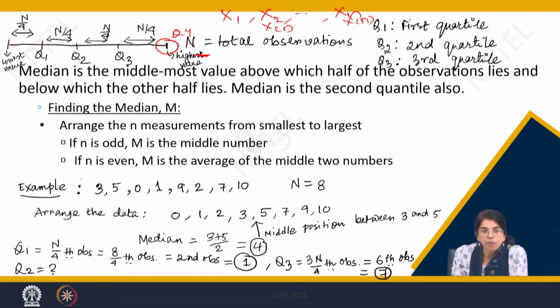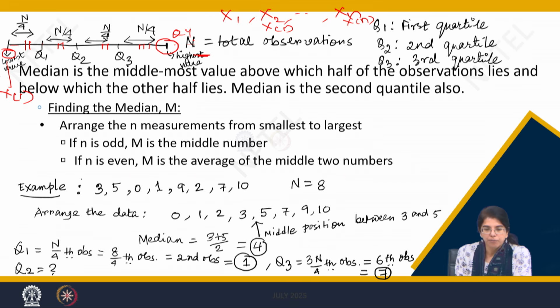So, what you can do? You can just take x1 here and Q4, which is the largest observation, and in between you are splitting the entire n, capital N, into 4 equal parts. So, this is part number 1, part number 2, part number 3 and part number 4, each n by 4.